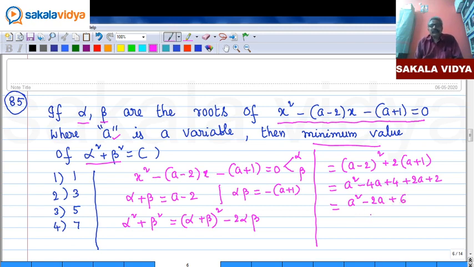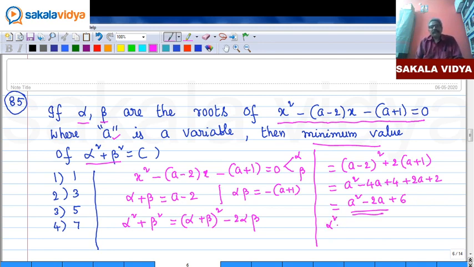Now actually the minimum of this one we need to find out. So we have the formula. Minimum means (4ac minus b square) by 4a. This is a quadratic expression in a, but we can apply that formula.